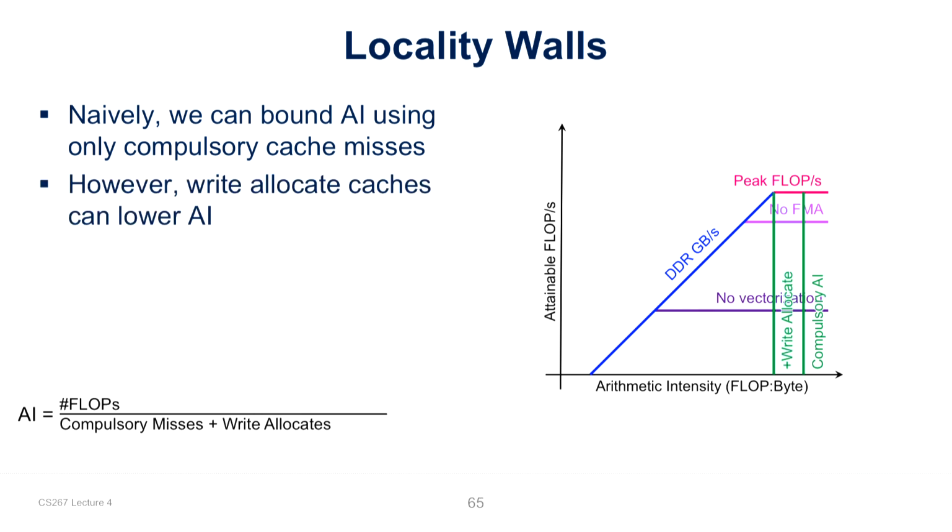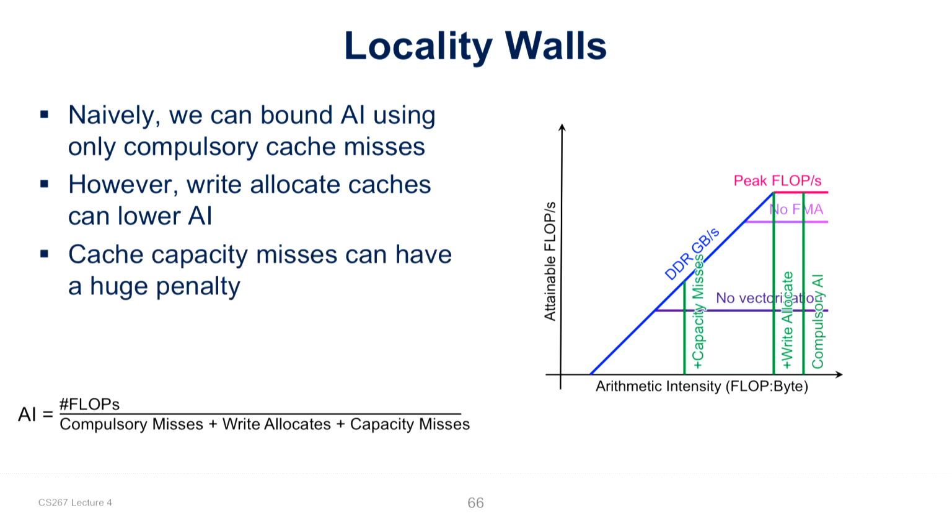But in fact, you also need to allocate in your caches, so you might run at a lower arithmetic intensity. For example, the write operations you're doing may not seem like they're taking up memory bandwidth, but they are going to be allocating memory in order for those writes to go back to the DRAM eventually.